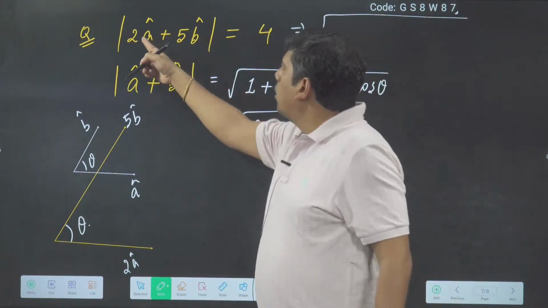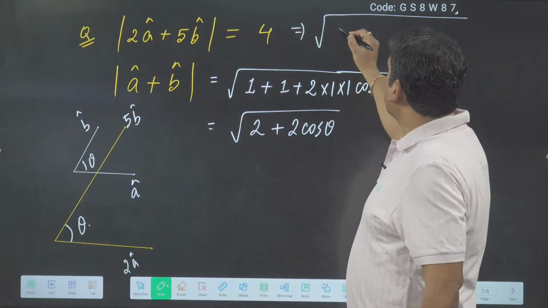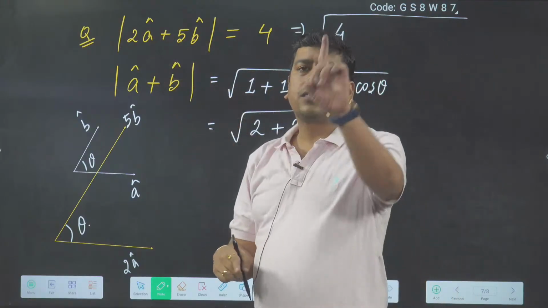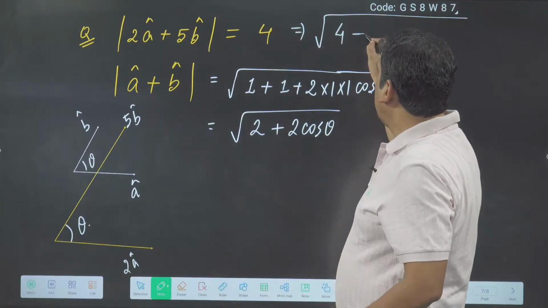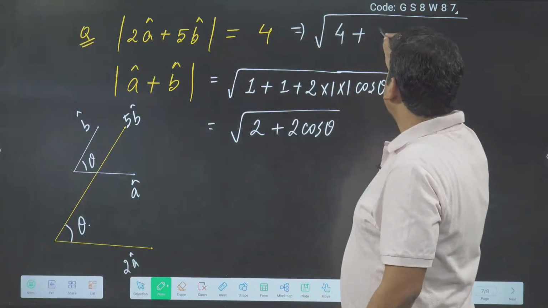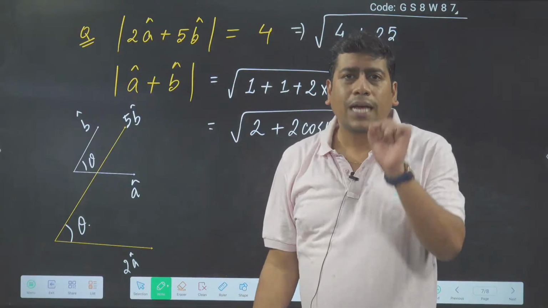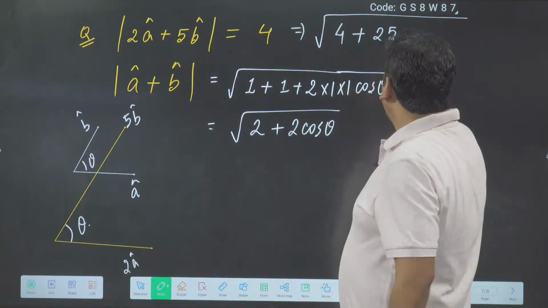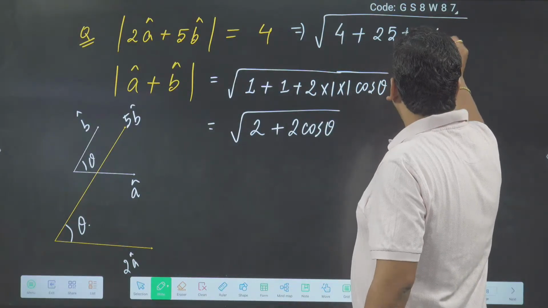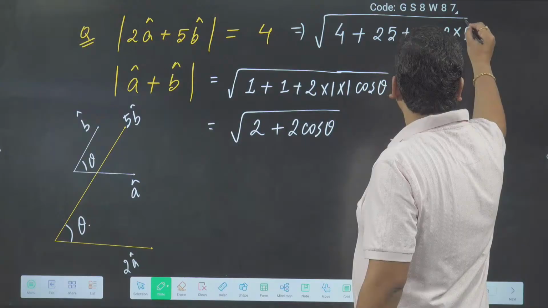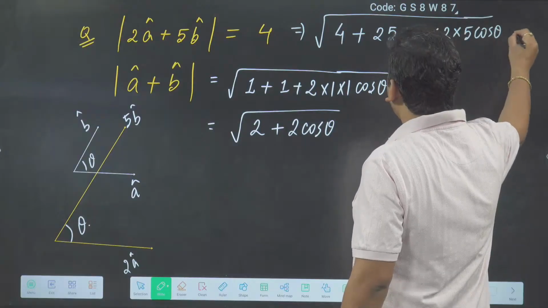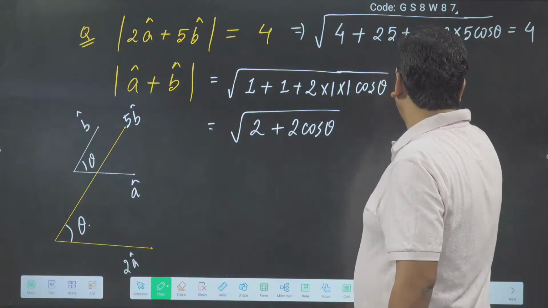So that means you can write here under root 2 square is 4, a cap magnitude is 1, a square plus b square, 5 square 25, magnitude of b cap is 1, plus 2 into 2 into 5 into cos theta is 4.